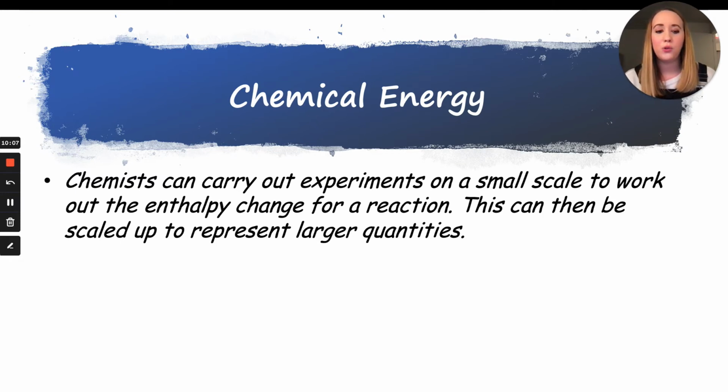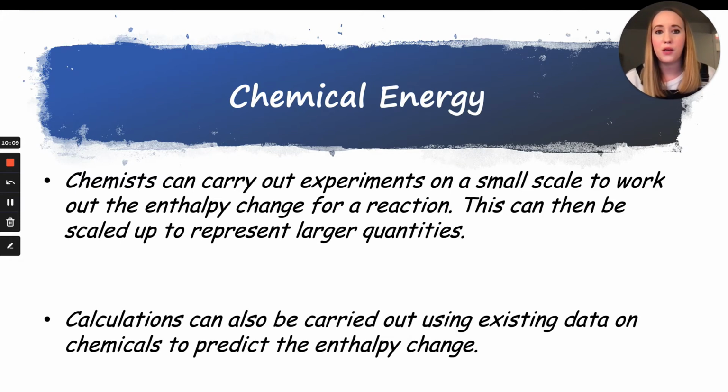But it can also just be a numerical calculation. So there's lots of data that exists on chemicals, as you'll have seen in your data book, but there's far more than what's in your data book even. So there's lots of calculations that could be done without doing any extra experiments, just using existing data in order to predict the enthalpy change for your particular reaction.